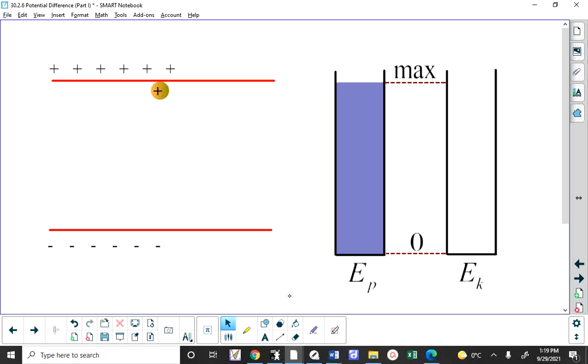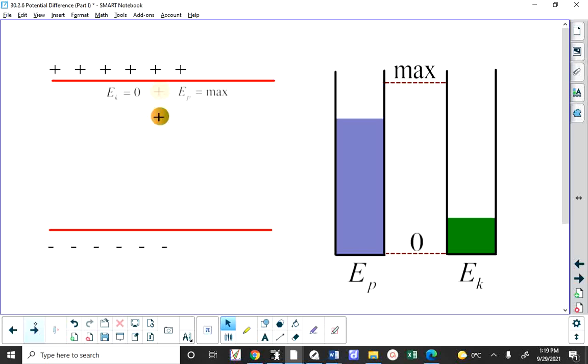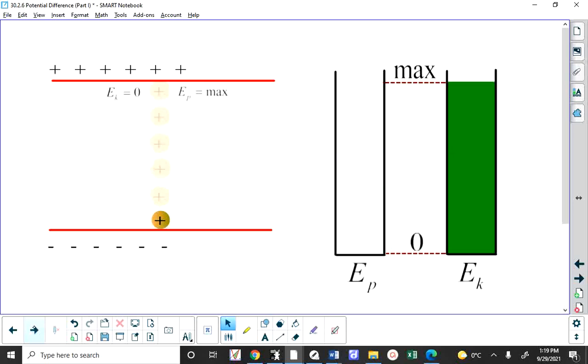If I release it and take snapshots at a point in time, when it's at this point, it will have less potential, but it will have a little bit of kinetic. If I continue to track it at some other point, it's going to have even less potential and even more kinetic. And this is going to continue until it smashes into this plate. And I want you to notice that all of the energy is kinetic.